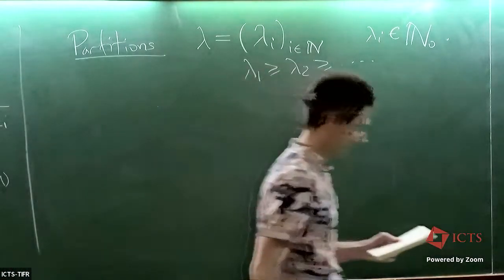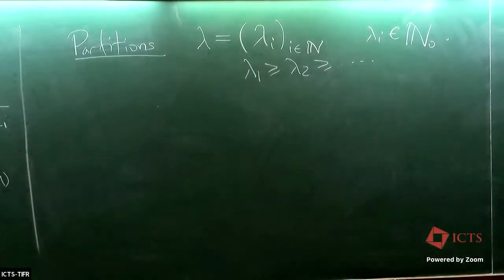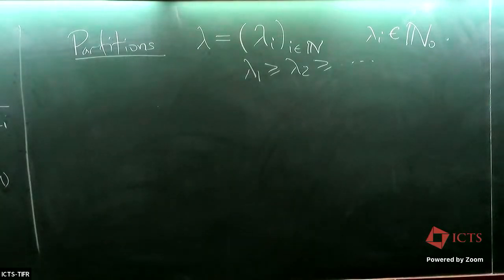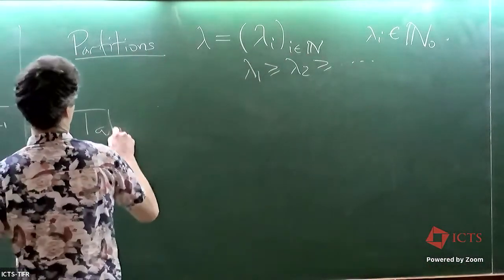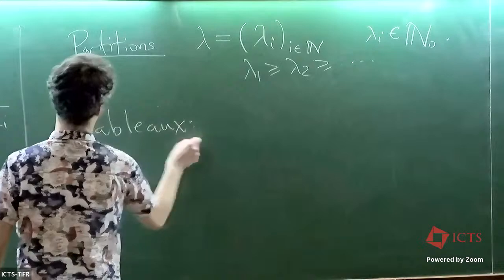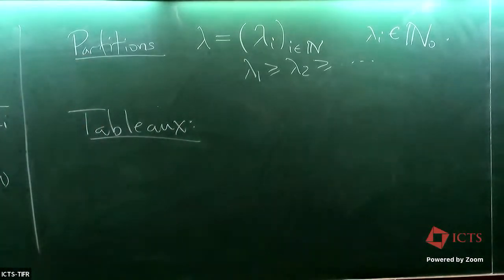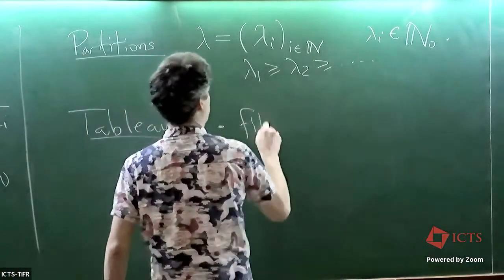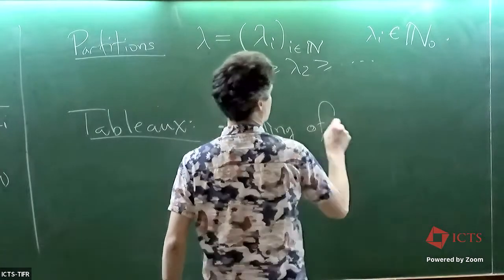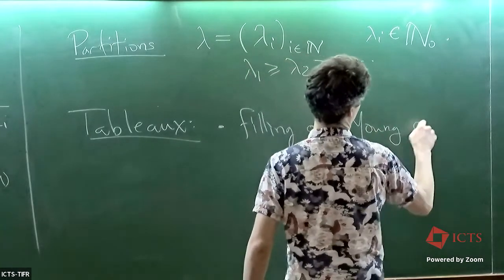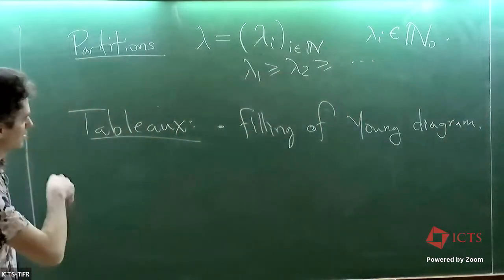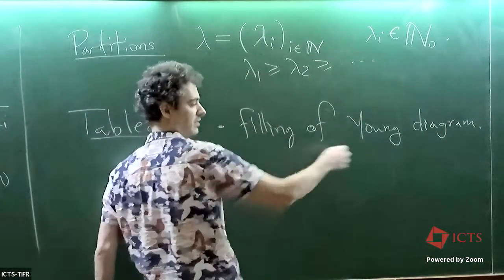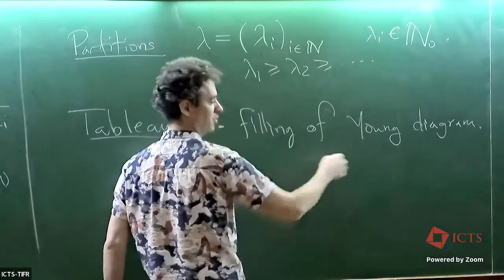Okay, and we'll start talking about Tableaux right away. Remember from Amri's talk, Amri gave two definitions of a Tableau. I'll record some keywords. One of the definitions was a filling of a Young diagram satisfying some properties, namely it was weakly increasing along a particular row.